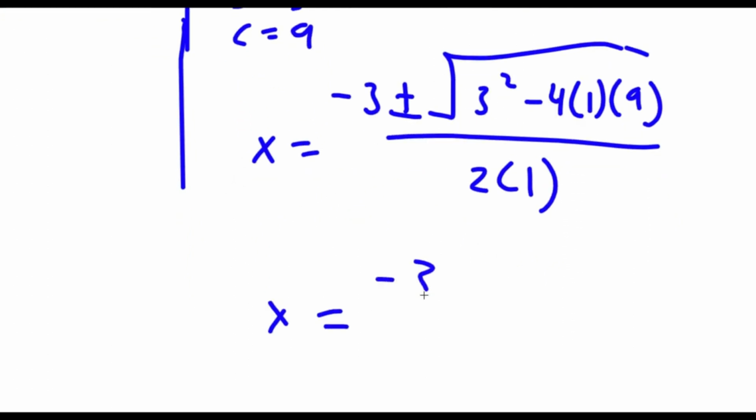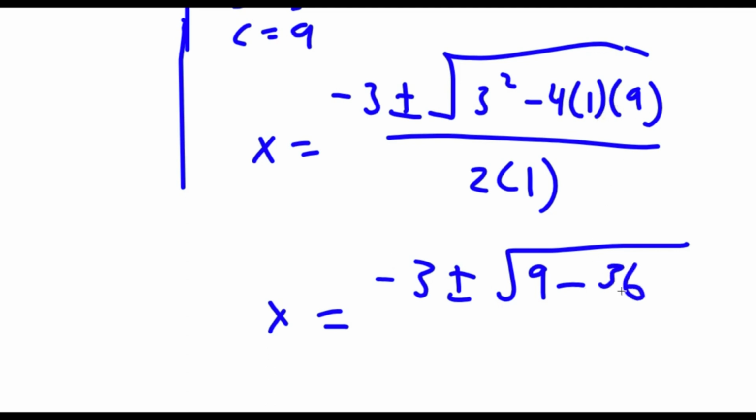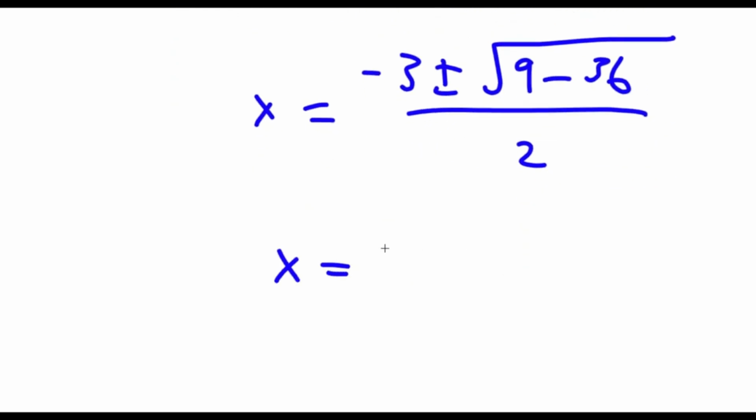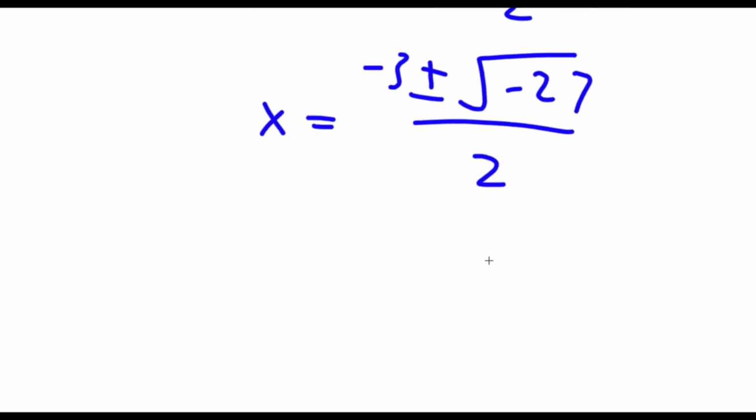So now I have x equal to negative 3 plus or minus the square root of 3 squared, which is 9, minus 4 times 1 is 4, 4 times 9 is 36, all over 2 times 1, which is 2. And now I have x equal to negative 3 plus or minus the square root of 9 minus 36, that's equal to negative 27, over 2.